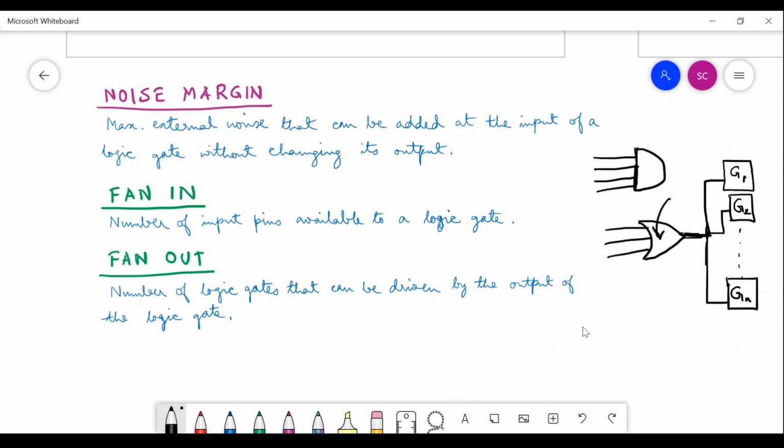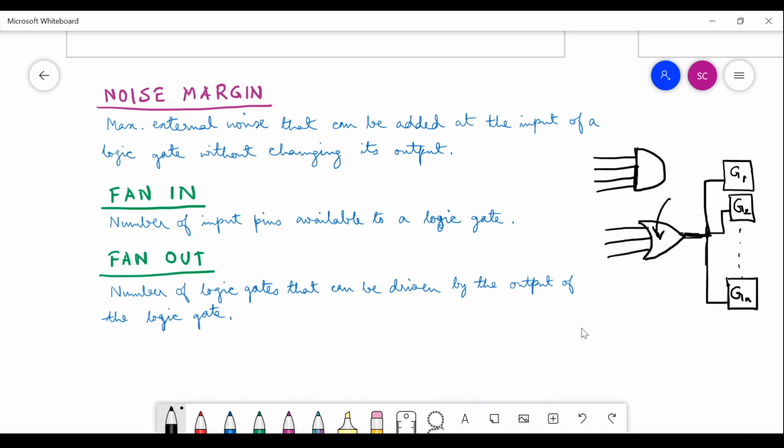From the next lecture onwards, which will start a new module, we will actually work with these logic gates as the basic building blocks. We will stop looking into the electronic circuits which make up these logic gates. We will start looking at the logic gates as the basic building blocks.